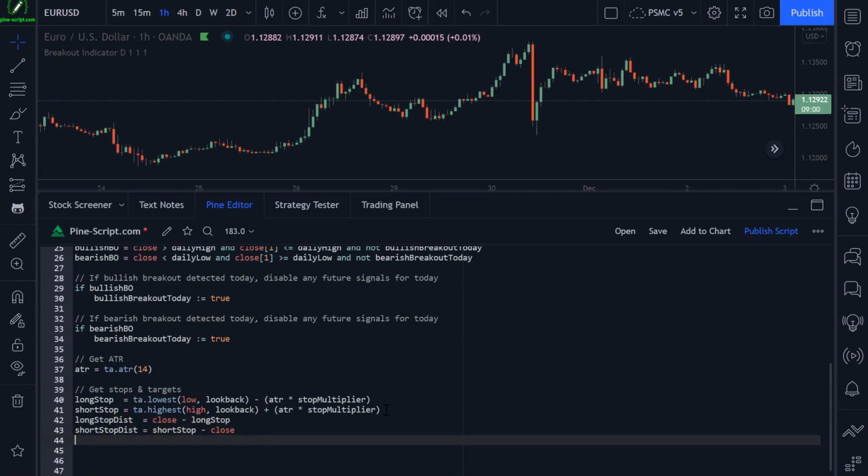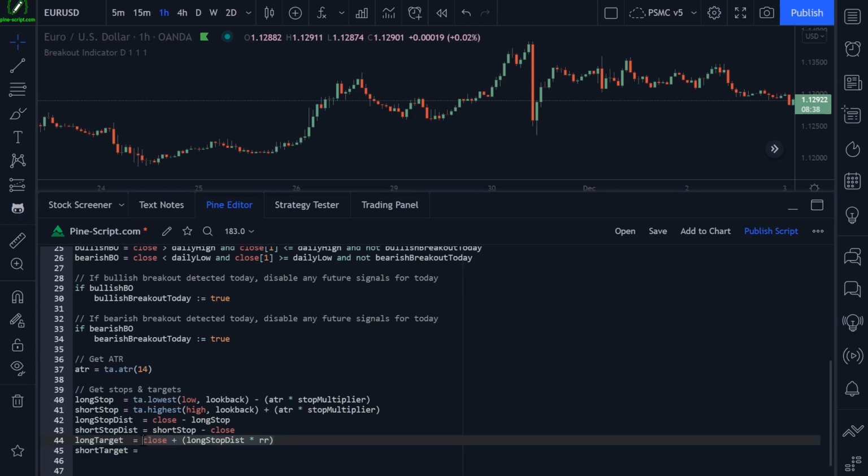The final thing to do is generate our long target price and short target price, or calculate those values. To do that, we create two new variables, long target and short target. And long target is going to be the current closing price plus our long stop distance multiplied by our risk reward setting.